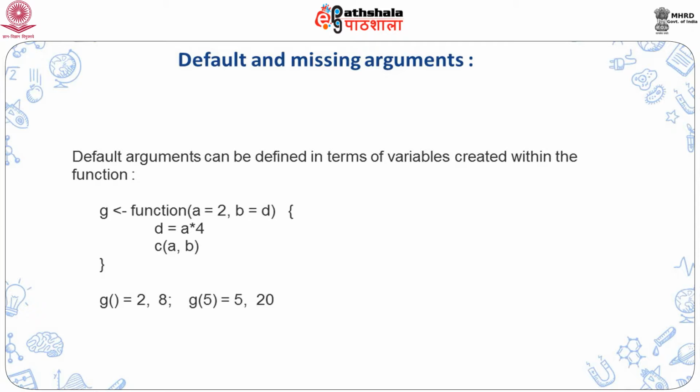So if you call the g function now, then we are having 2 and 8 in this form, and if you want g of 5, then what do we have? We will have 5 and then 4 times 5, that is 20. So this is what the output says.